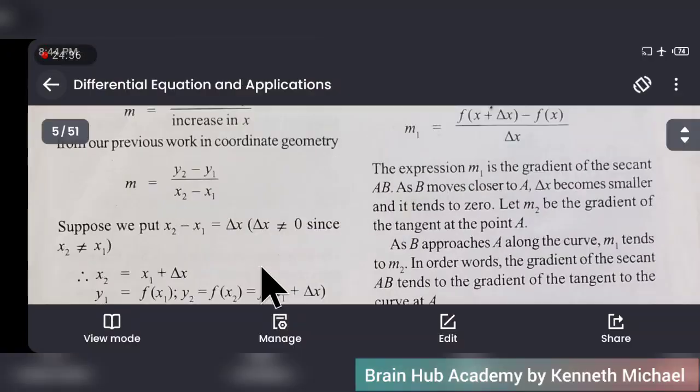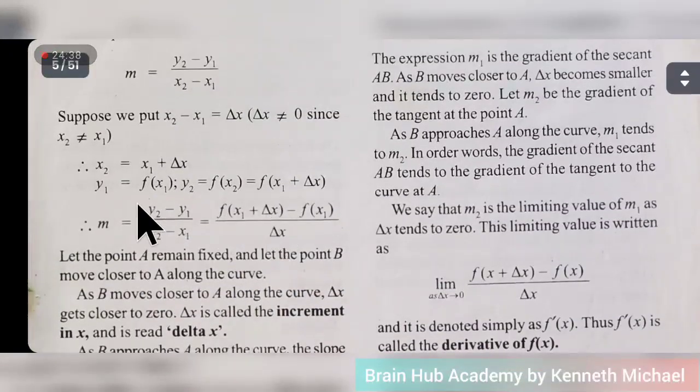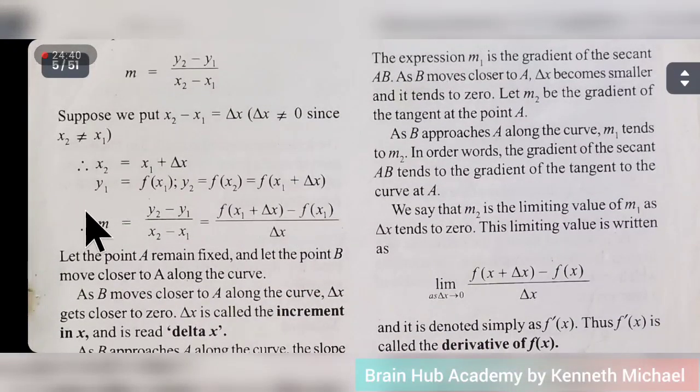So therefore, if you look at this particular expression, our slope will be equal to y2 minus y1 over s2 minus s1.